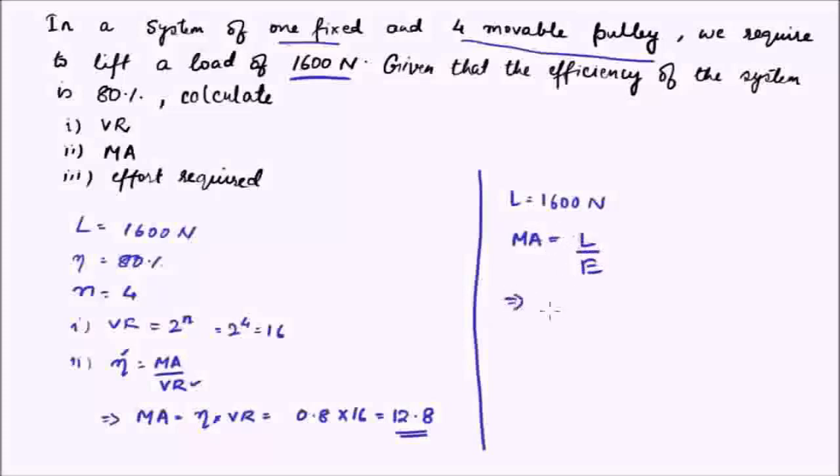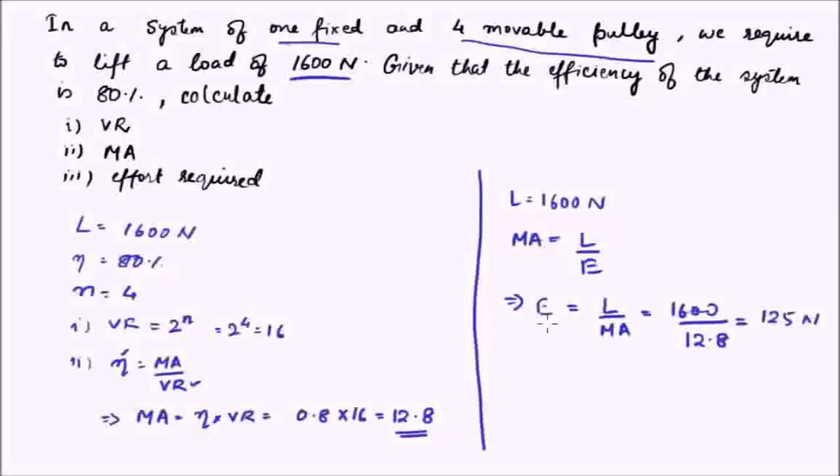From here we can find out the effort, and that will be equal to the load upon mechanical advantage, which will be 1600 upon mechanical advantage is 12.8, and that will turn out to be 125. So 125 Newton. Therefore, the effort required in this case will be 125 Newton.